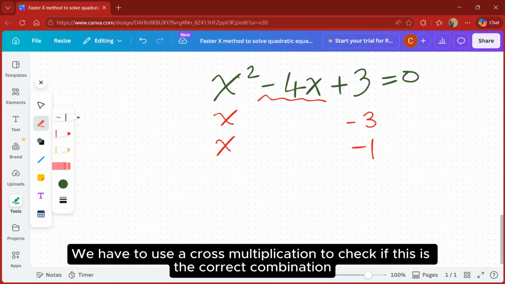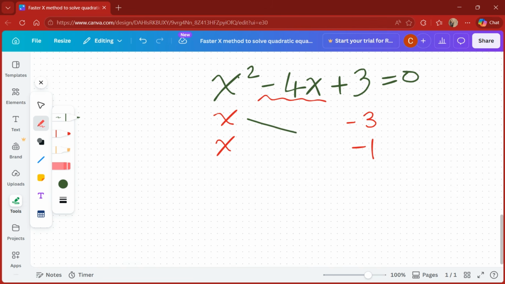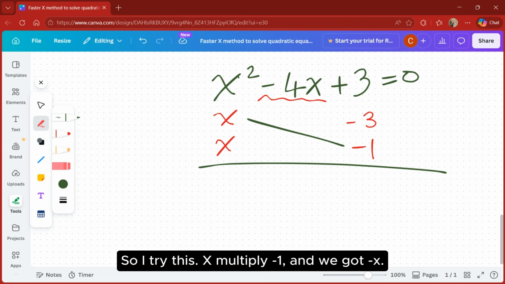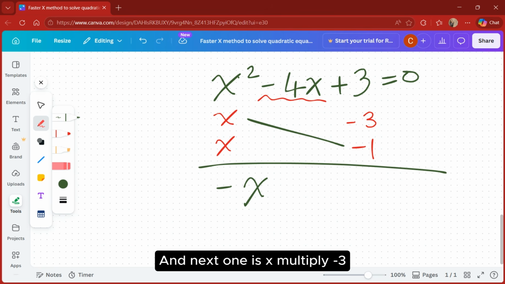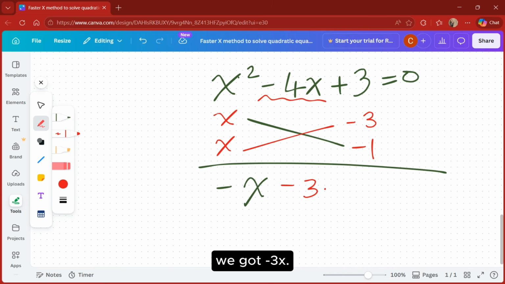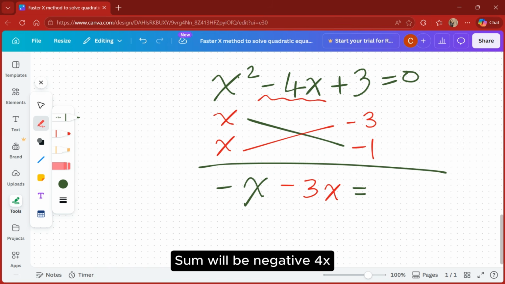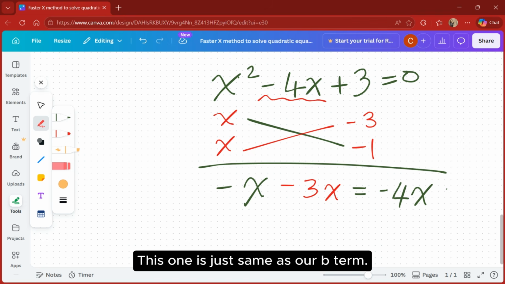Now we have to use cross multiplication to check if this is the correct combination. So I try this. x multiplied by negative 1, we got negative x. And the next one is x multiplied by negative 3, we got negative 3x. The sum will be negative 4x. Wow, this one is just the same as our b term.